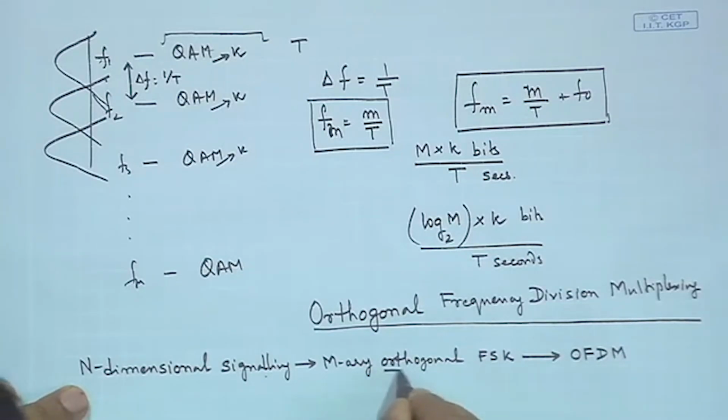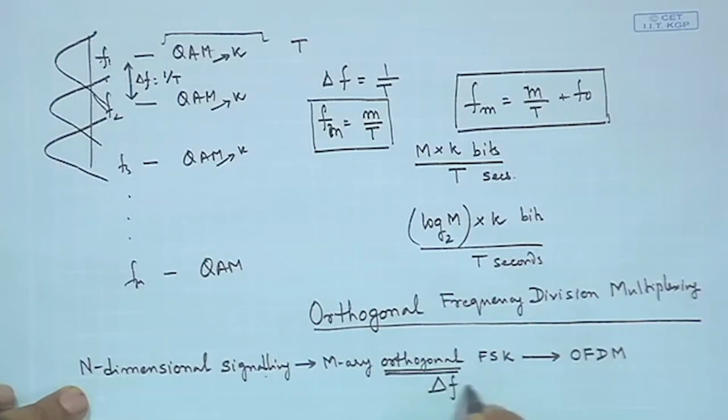And what is common in all of this is orthogonality by virtue of delta f being equal to 1 upon T for QAM signals and 1 upon 2T for PAM-like signals.